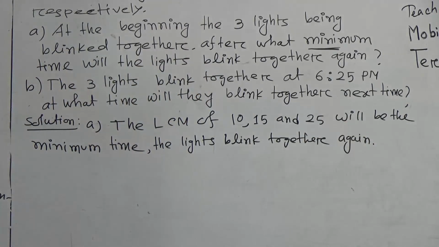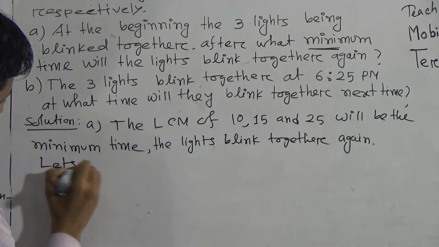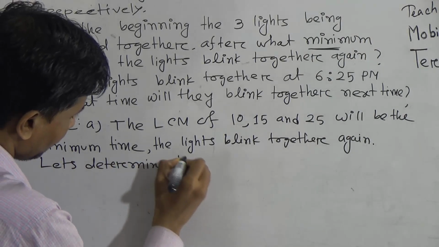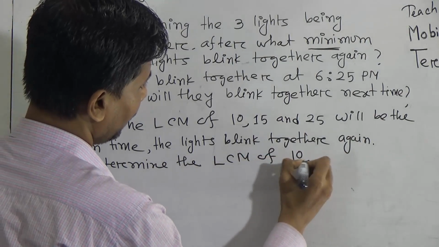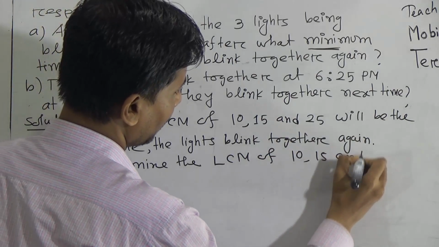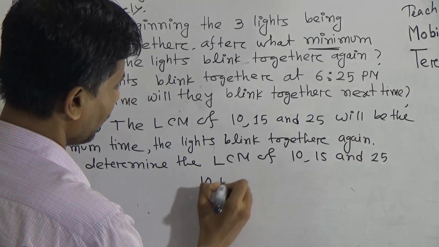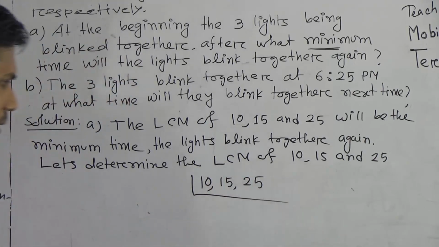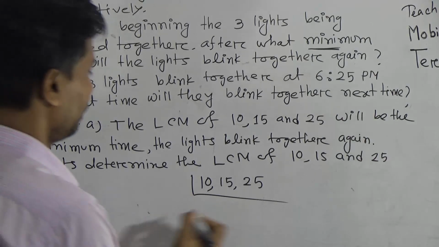Okay, now let's determine the LCM of 10, 15 and 25. You see, all the numbers are divisible by 5.